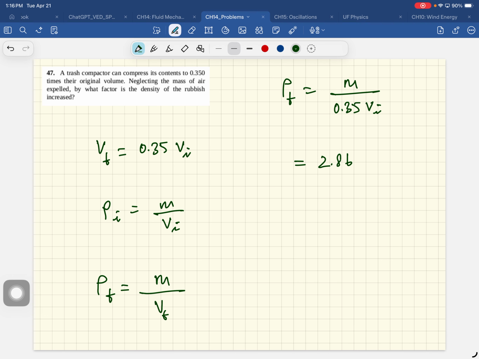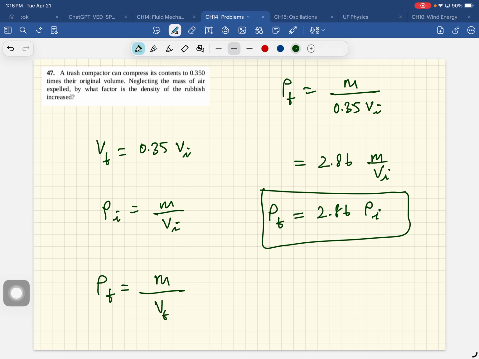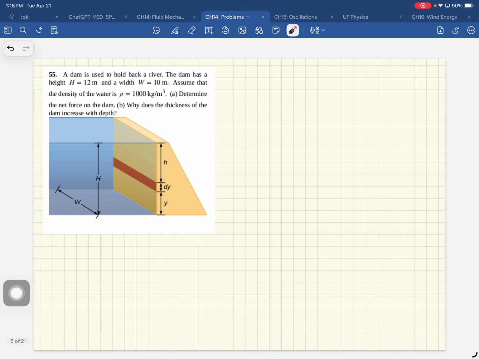Now the force on this strip of the dam is the net pressure times the area of that strip. What is the area of that strip? It's the width times dy. So dF, the force on that strip, is the net pressure times the width of the dam times the thickness of that strip. Now we want to add up all these forces to get the net force on the dam.